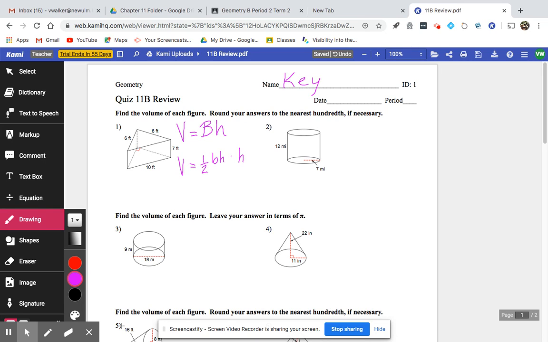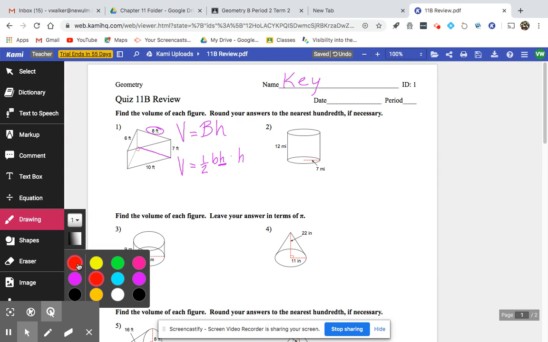Here we need to be a little careful. We have two H's in there, but this is two different values. This first H represents the height of the triangle. In this case, I'm going to use this segment, which is represented by 8 feet. This H is represented by the height of the prism itself, which is going to be this 7.